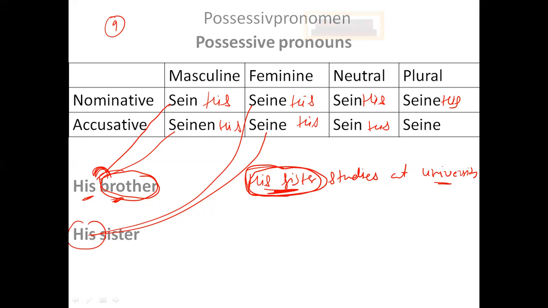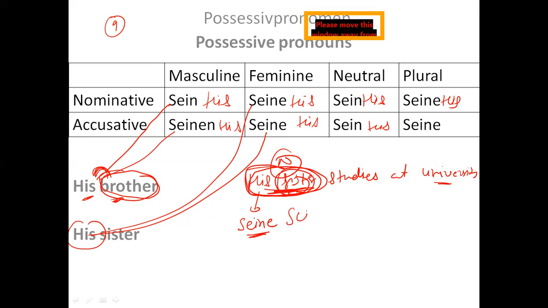So this his is seine because I'm talking about sister. It is nominative, subject. His sister, seine Schwester studiert an der Universität.